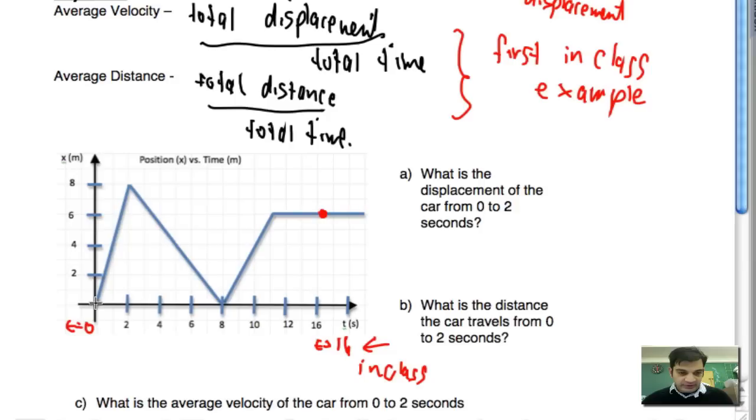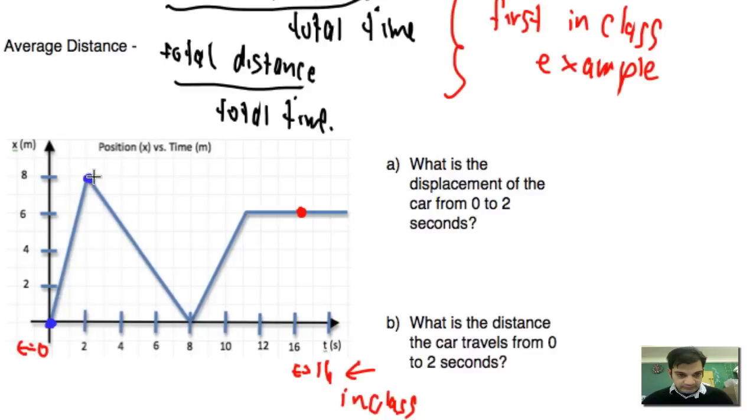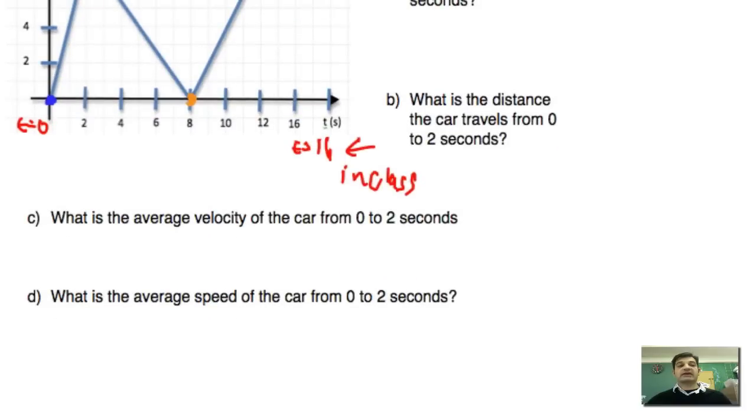We're going to go for the first one, from 0 to 2 seconds. And then for homework, you're going to go from 2 seconds to 8 seconds for the Google Docs homework, which is why you've got 2 pages in your notes. You're going to work that out on your own.